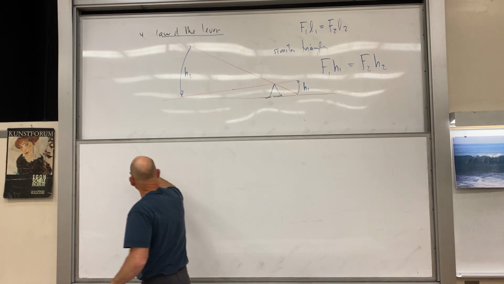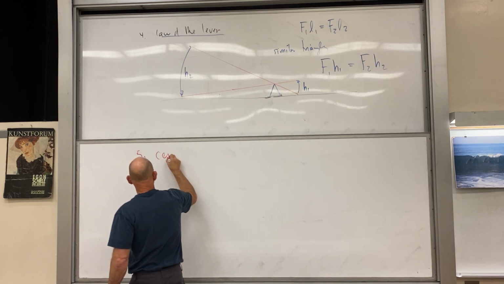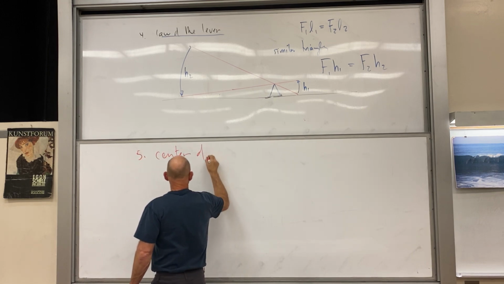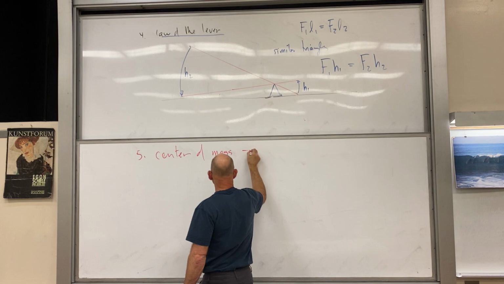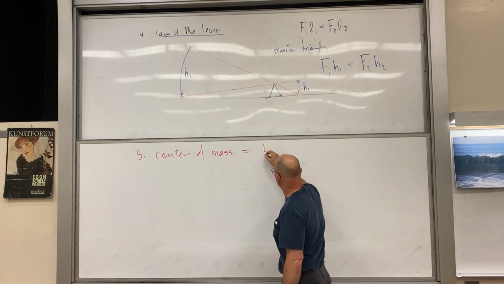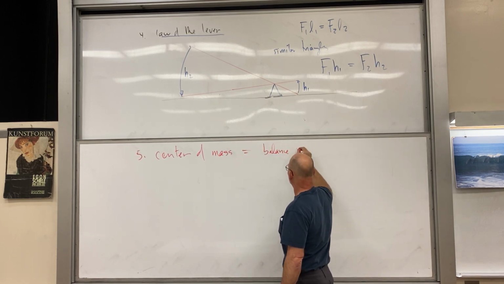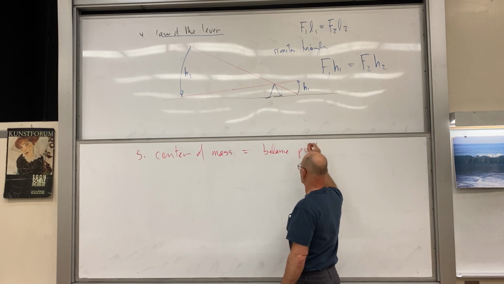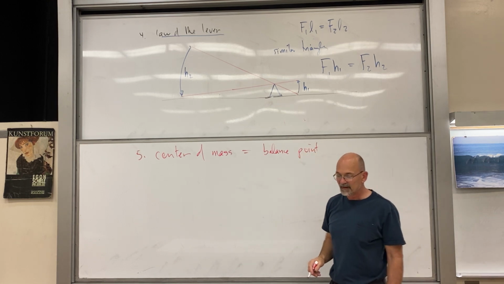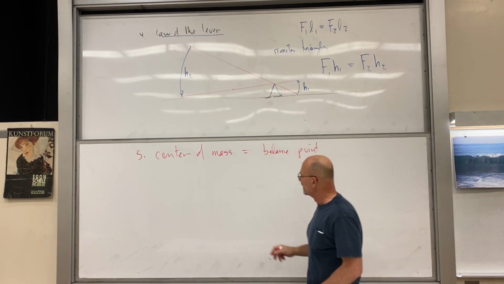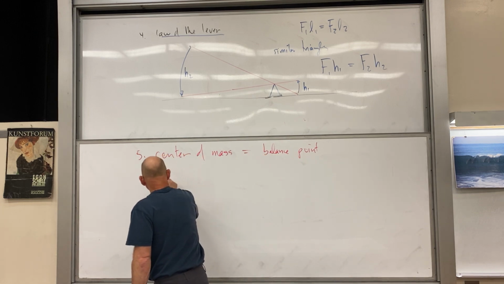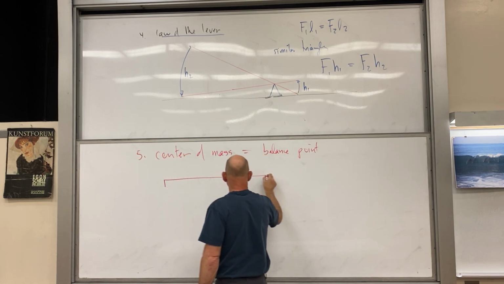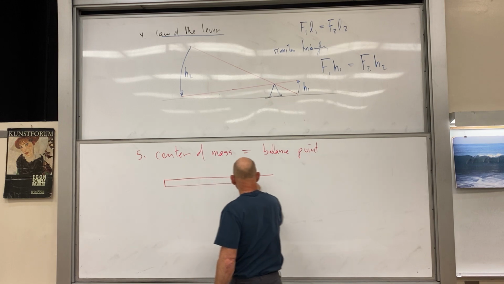So 0.5 here, center of mass. I'm going to define it right now. It's just the point at which an object balances. It's the balance point. Okay. And so my first example, I'll just take this ruler.